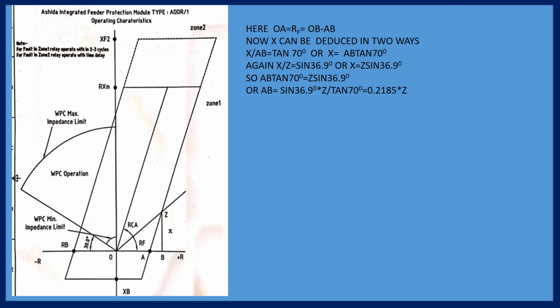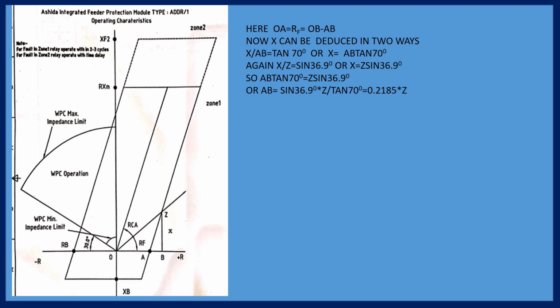You see, in the parallelogram what we have done, we have taken a plus R direction, a minus R direction, one forward reactance direction, and a backward reactance direction. Means X positive, X negative, Y positive, Y negative.